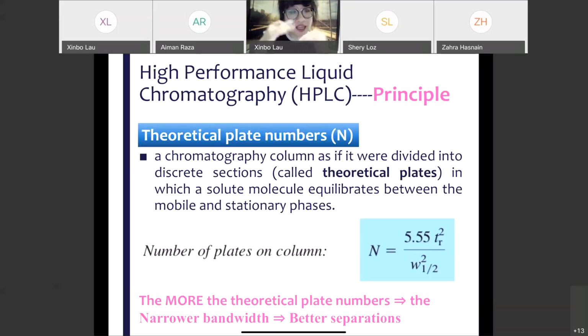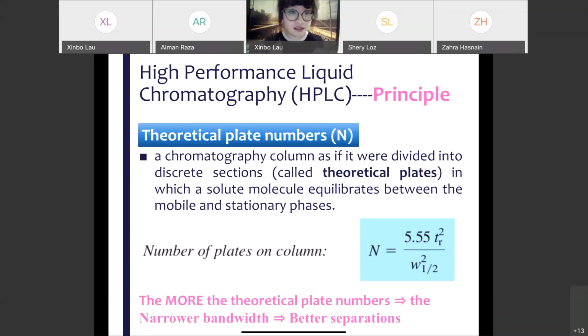Basically your sample and your molecules will be having equilibriums. They interact with the stationary phase and then go to the mobile phase, multiple times, and then get separated. That's what we call the number of plates on the column. Of course there is an equation to calculate it, but remember, I said there will be no calculations.